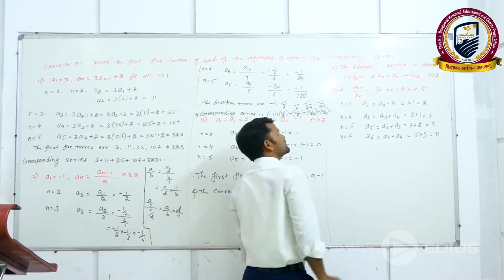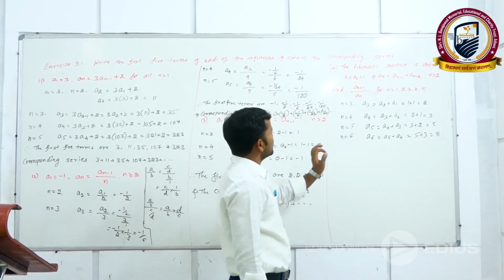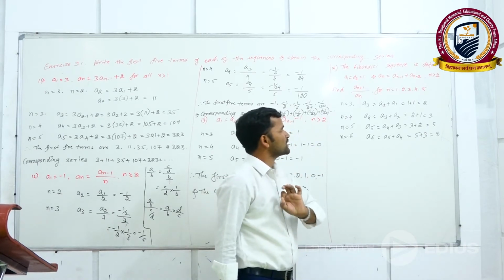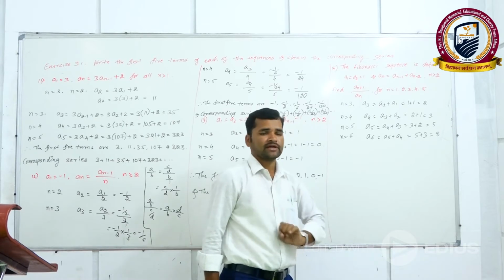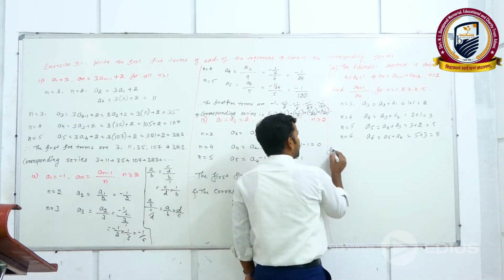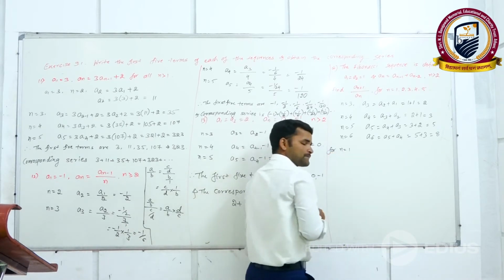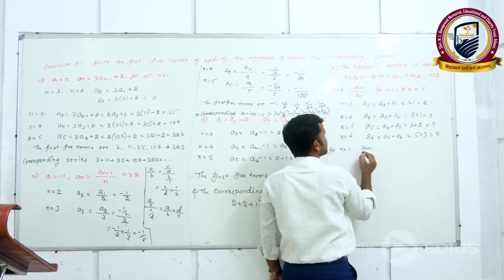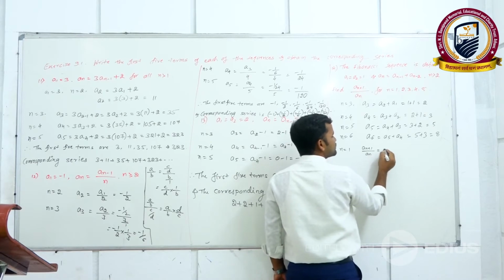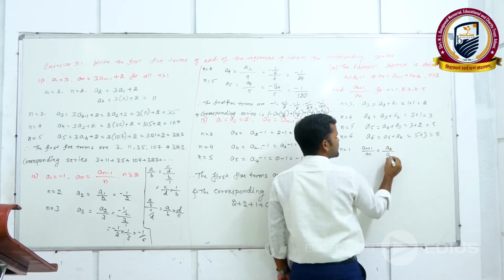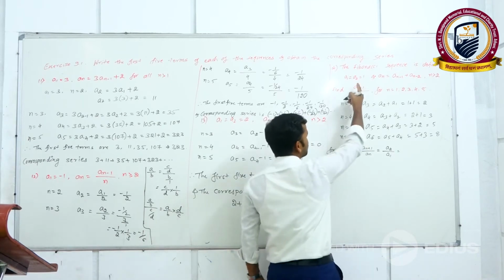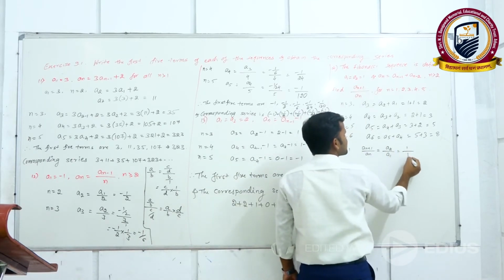Now coming to the question. Find a subscript n plus 1 by an for n is equal to 1, 2, 3, 4, 5. Now for n is equal to 1, an plus 1 by an is equal to a2 by a1. a2 is 1, a1 is also 1.